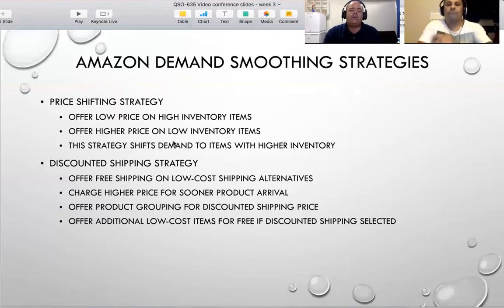Another thing they do is a discounted shipping strategy, and they're very good at this. They usually give you several options. Do you want the product now? If so, we'll let you pay like $5 or $6. I'm an Amazon Prime member, so I don't remember the exact numbers for the shipping, but let's say you have three rates of shipping.